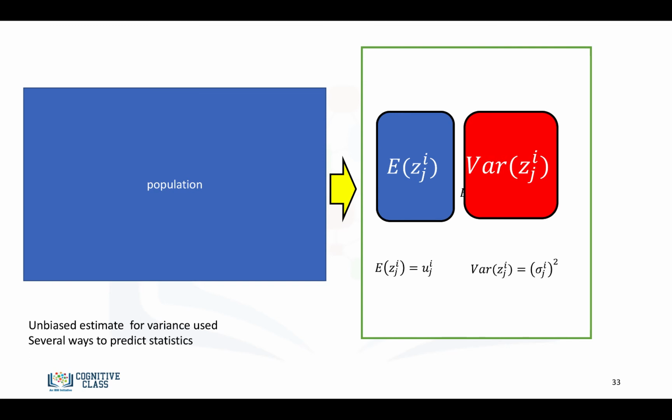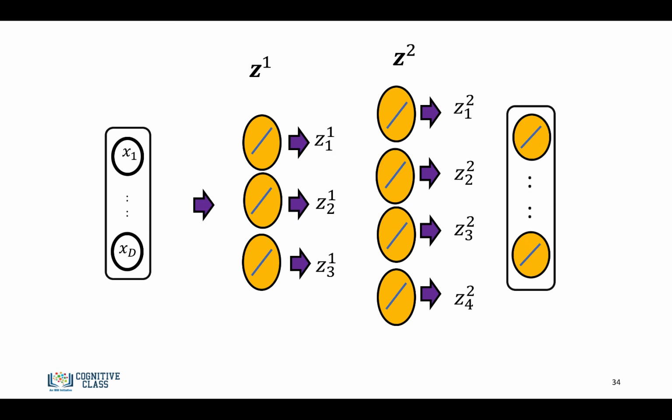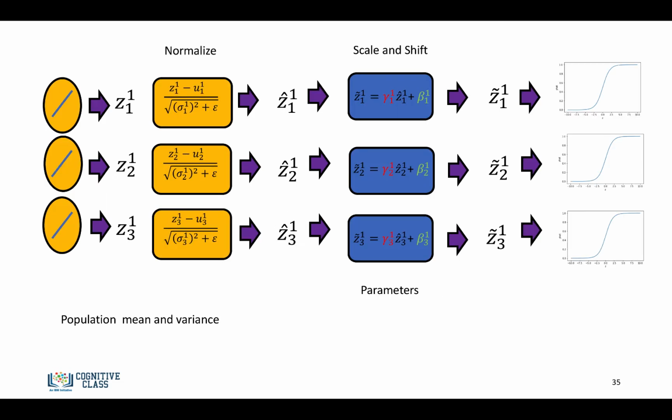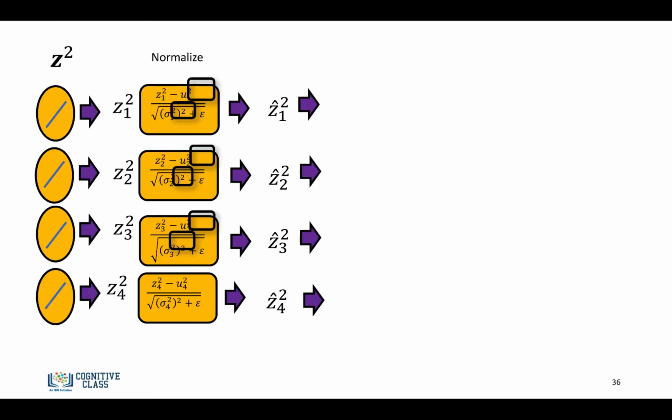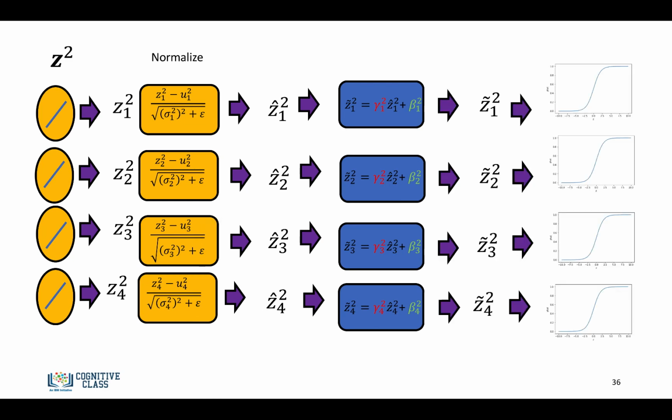How the prediction actually works: the procedure is pretty similar. We take our actual activation functions and we apply the same procedure. And as you can see, the mean and variance in this case don't have the little batch term. What we do for the second layer is pretty much the same process. And of course, these parameters we obtain via training.